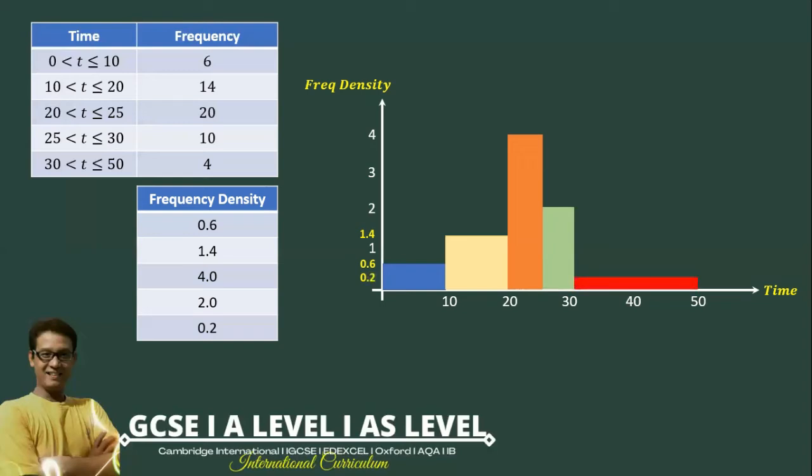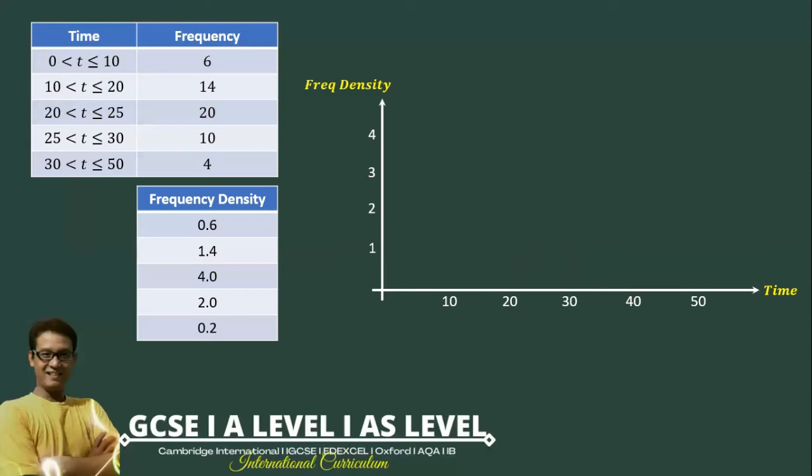Is it clear, everyone? So once again, for the frequency density chart, the x-axis is the representative of time interval, and the y-axis is the representative of frequency density.